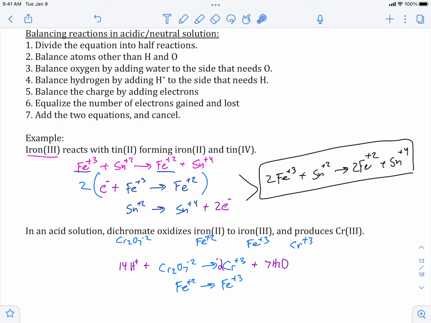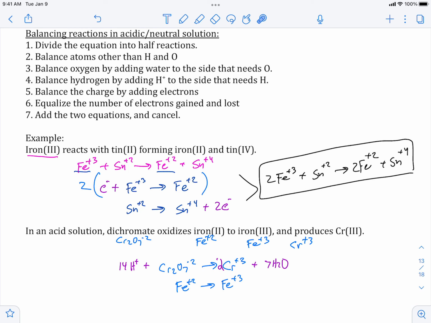Step 5, balance the charge by adding electrons. Okay, so the total charge on the left side of this half reaction, 14 positives, 2 negatives. So the left side has a net charge of +12. On the right side of the arrow, we've got 2 chromium-3 ions, which means our total charge on the right side is +6.